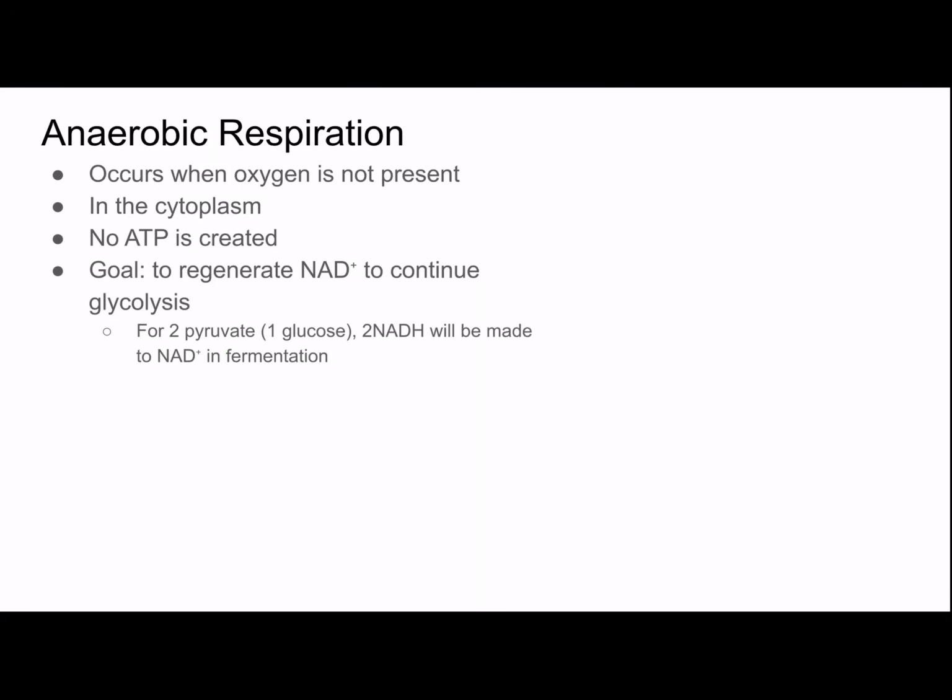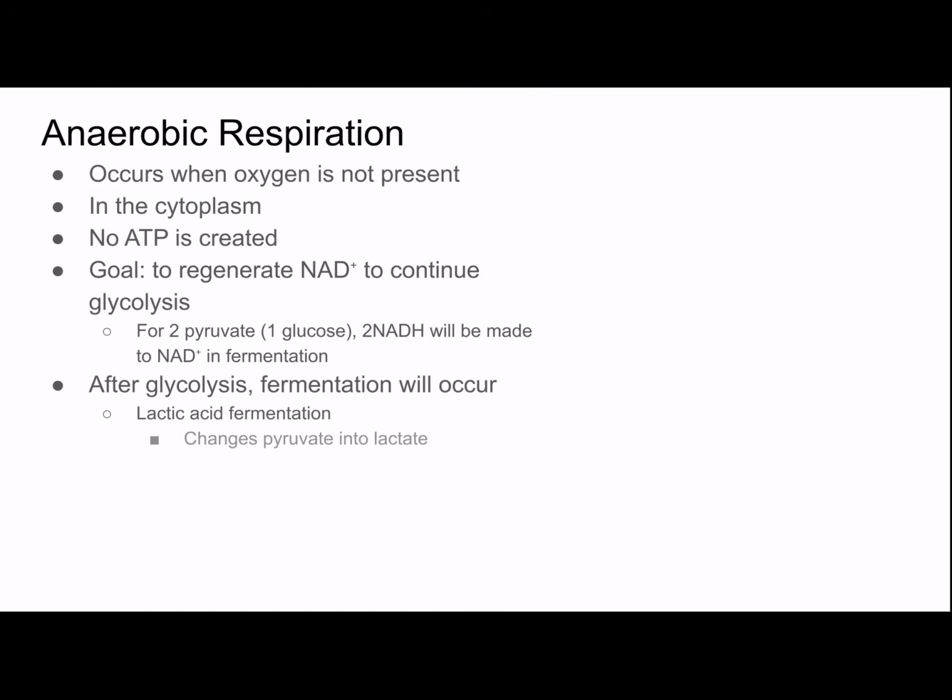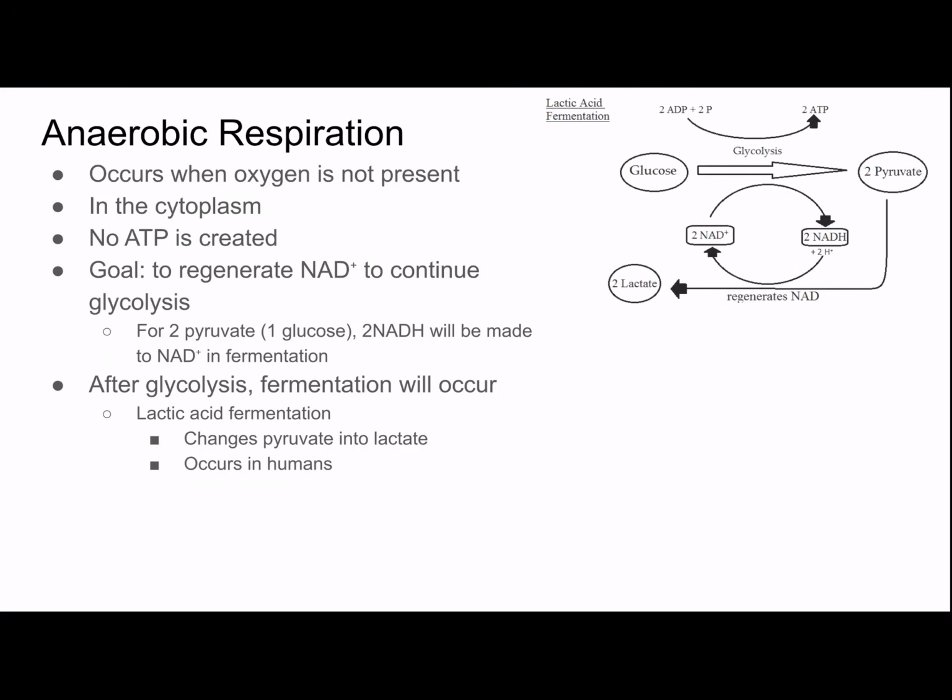For 2 pyruvate molecules, so 1 glucose, 2 NADHs will be made to NAD pluses through fermentation. And again, this would occur after glycolysis. There's lactic acid fermentation, which changes pyruvate into lactate. This occurs in humans. You've felt this before.